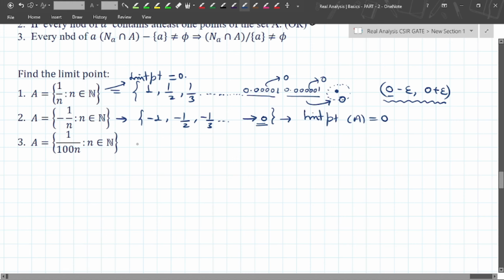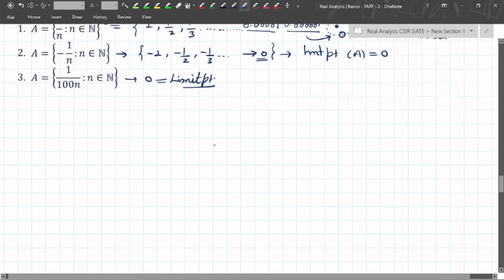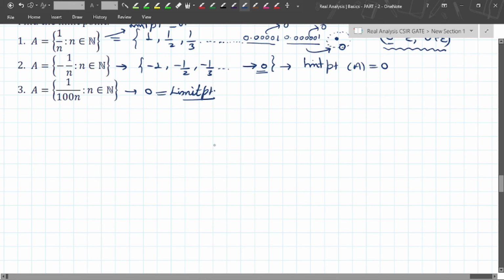For this case, the same thing. Again, 0 is the only limit point of the set. Of course, it is making the cluster nearby 0 only. So these are the examples. We can take one more example here. Let's say my set A is 1 by n, where n belongs to natural numbers other than 0.